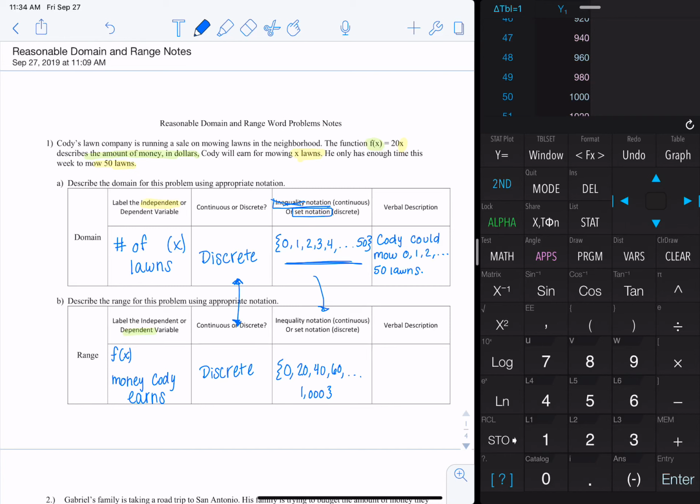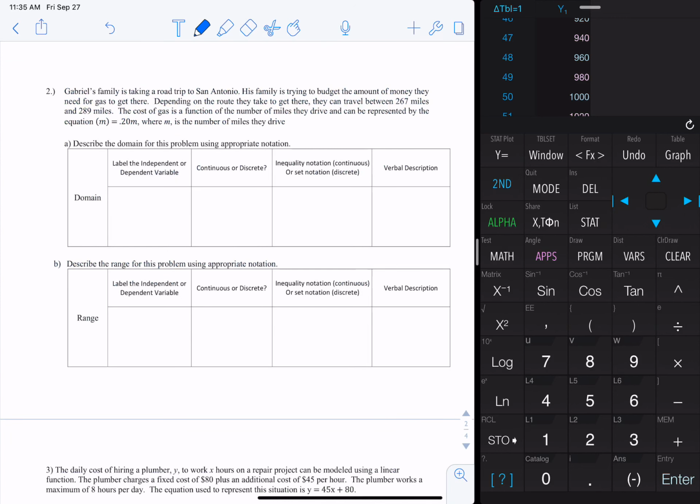So our verbal description is Cody could earn $0, $20, $40, $60, or he could follow in that pattern all the way until he got to $1,000. Okay? All right, next question.